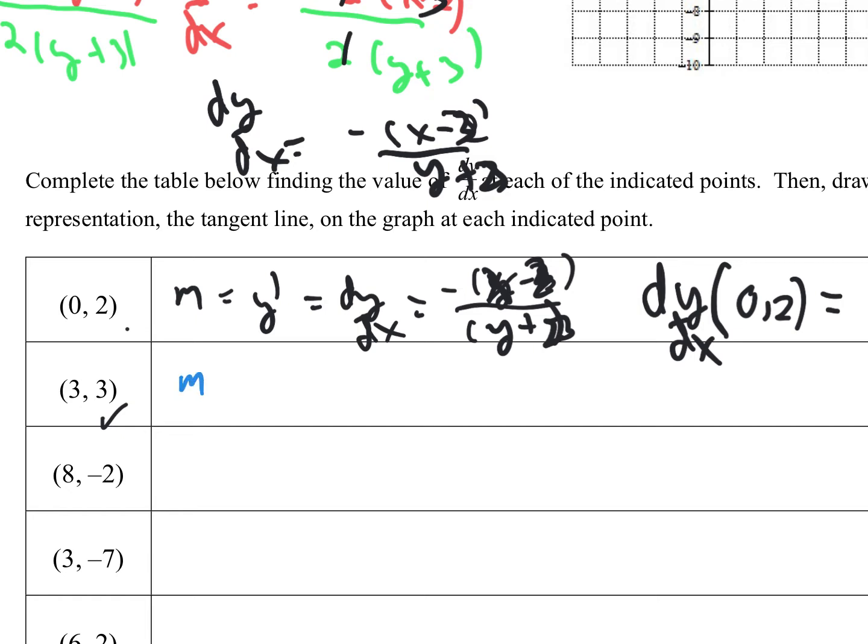My slope at 3, 3 would be the negative of 3 minus 3 divided by 3 plus 2. And the 3 minus 3 is 0, negative 0 is 0. It doesn't matter what I divide by.